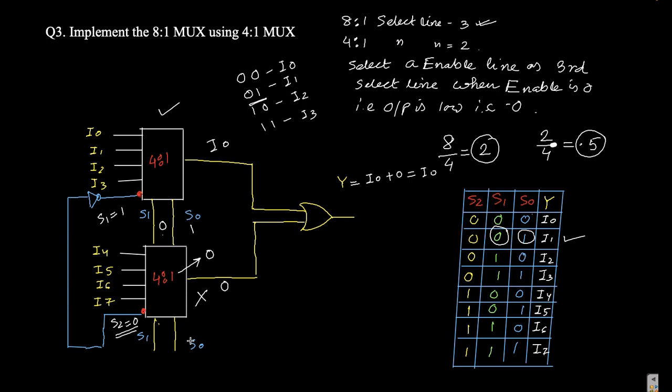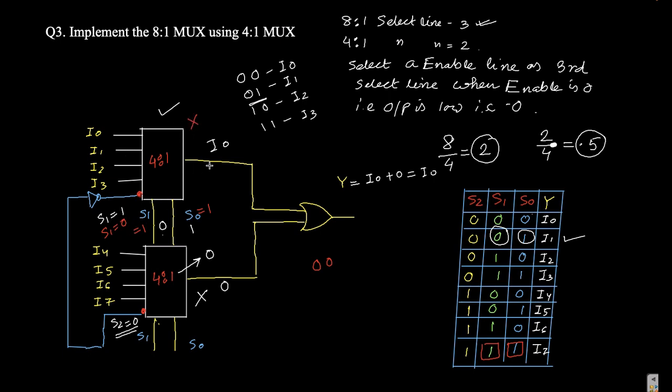Now if S0 is equal to 1 and S1 is also 1, so for 1 and 1, and if this becomes 0 and this S1 becomes 0, then that multiplexer is not working.